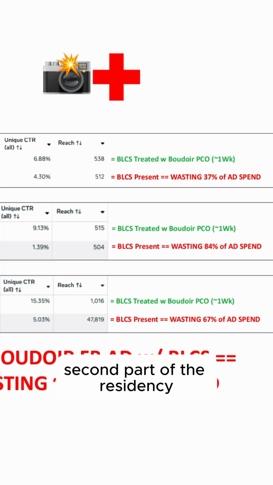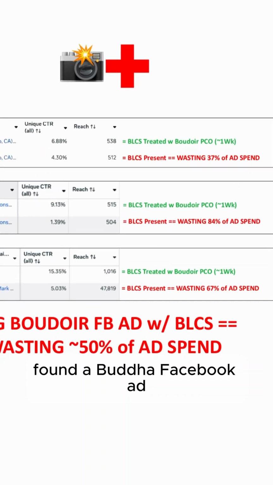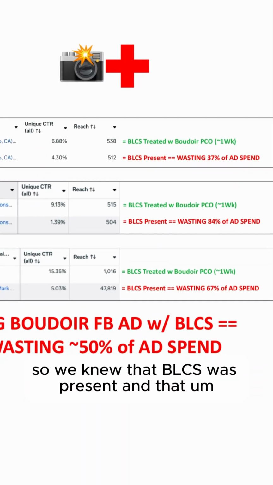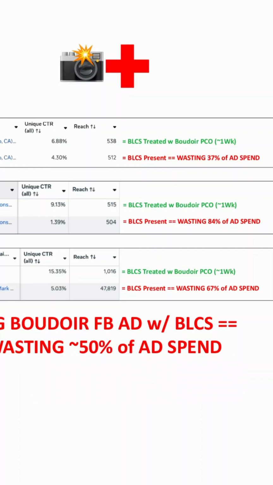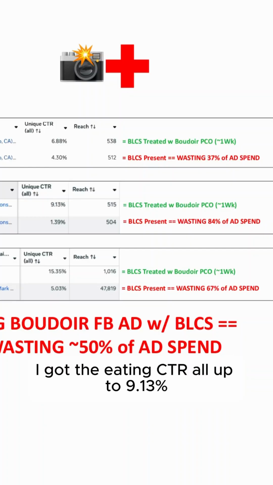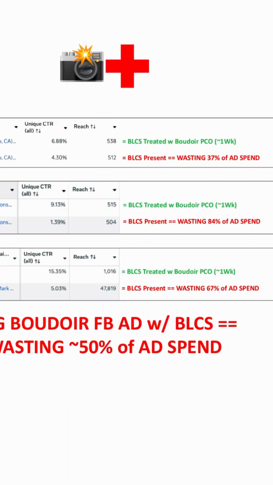Second part of the residency, found a Boudoir Facebook ad that had 1.39% unique CTR all. So we knew that BLCS was present, and decided to duplicate it and treat it with Boudoir Pico. Takes about a week. I got the unique CTR all up to 9.13%.